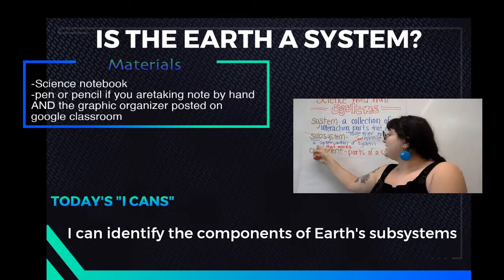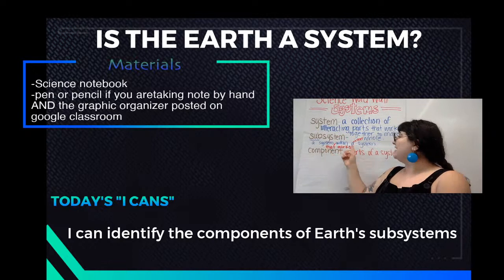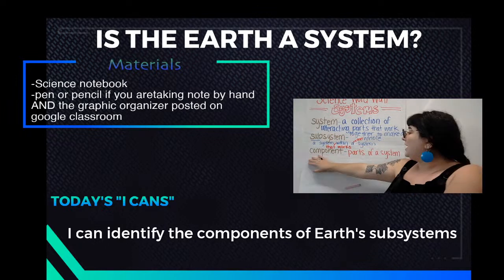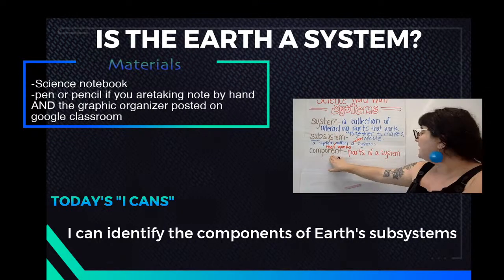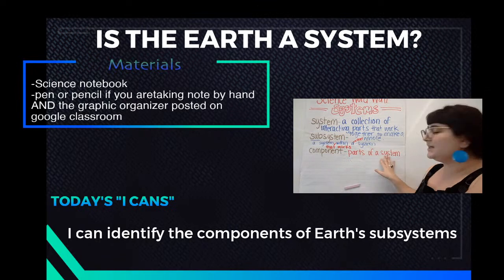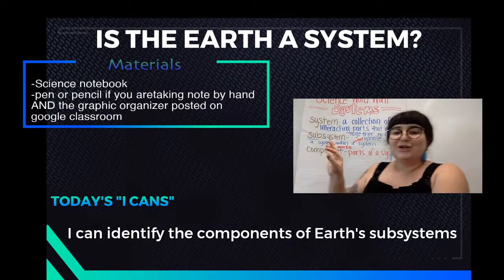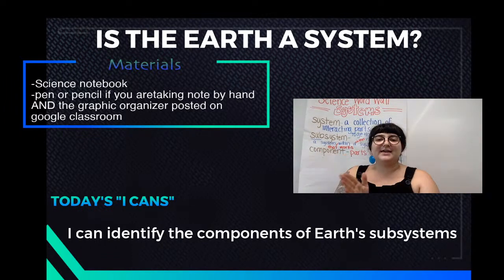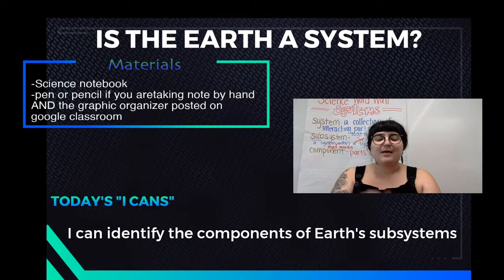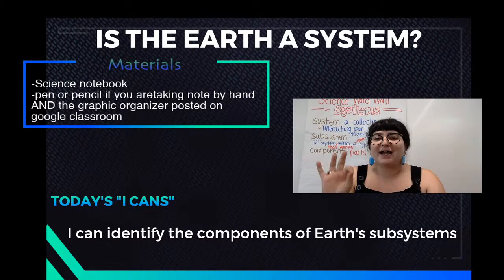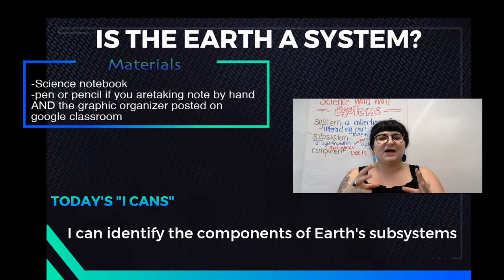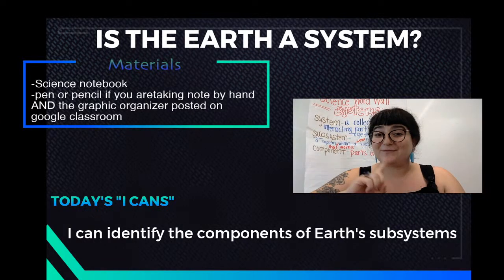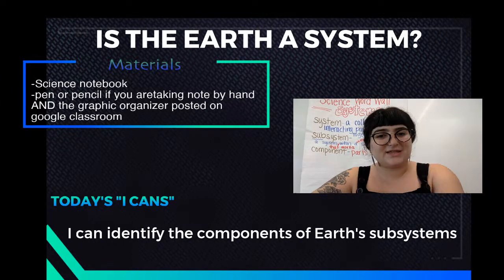A subsystem is a system that works within another system. And reminding us of what a component is: a component is a part of a system. Now, if you've been thinking, yes, 100% Earth is a system, give me a connection, and we are going to dive into all of the specific components of Earth's subsystems. But first, we need to really consider what the subsystems are.